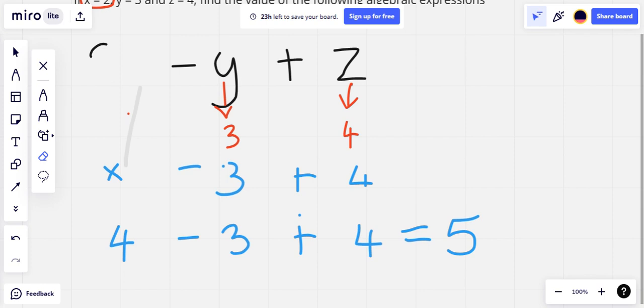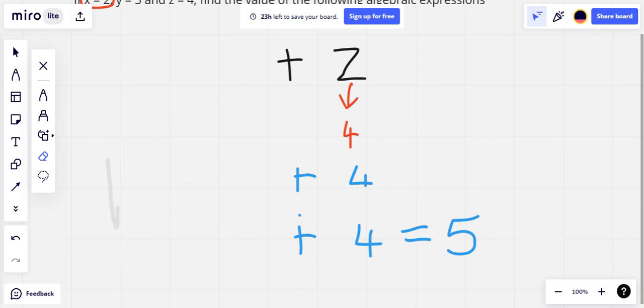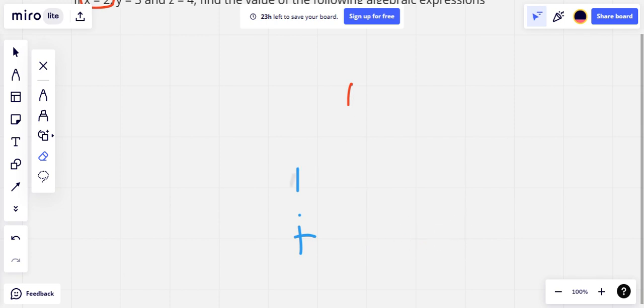Let me clean my board. Maths is fun. Pretty interesting, right? Yes.